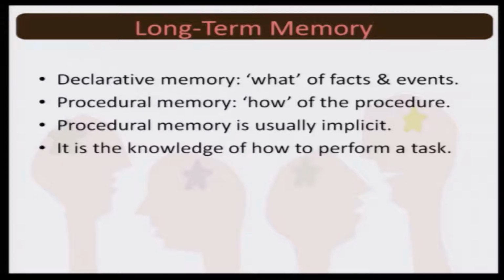You must have seen many events in your life where you perform a task and you remember the full mechanism as to how to operate it. Say for example, cycling, riding a bike, running a computer.